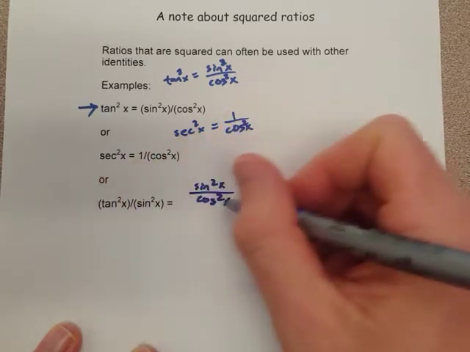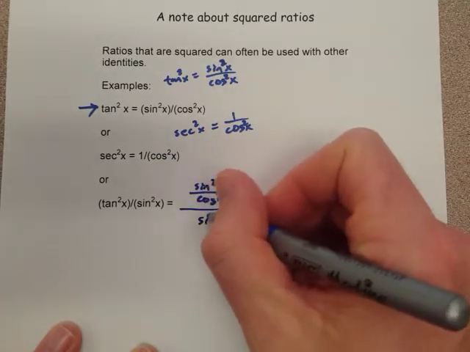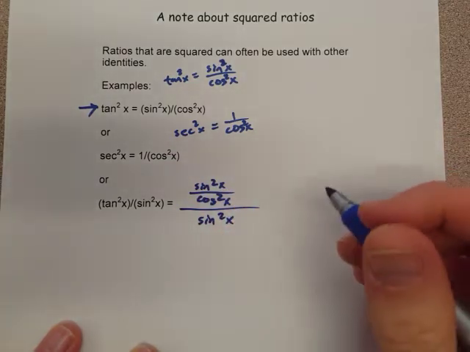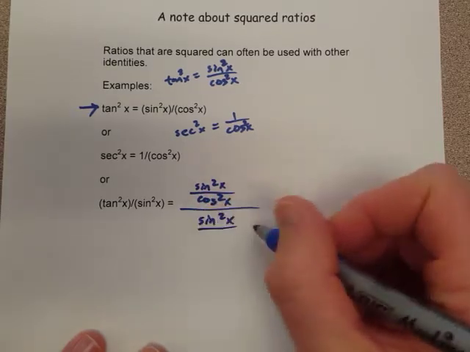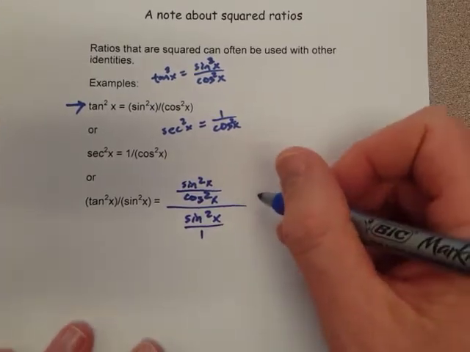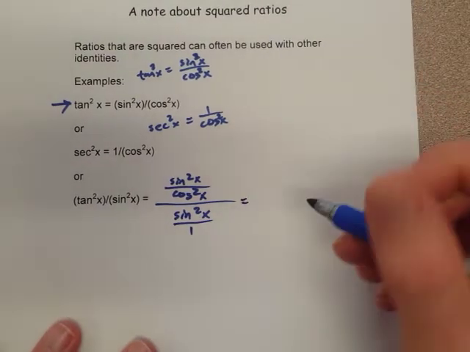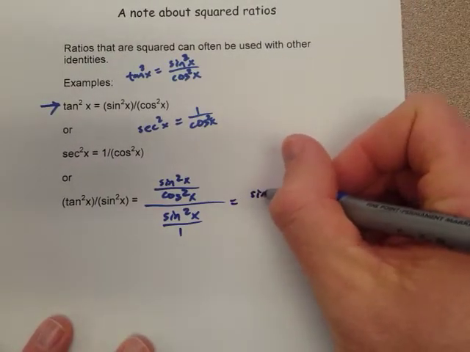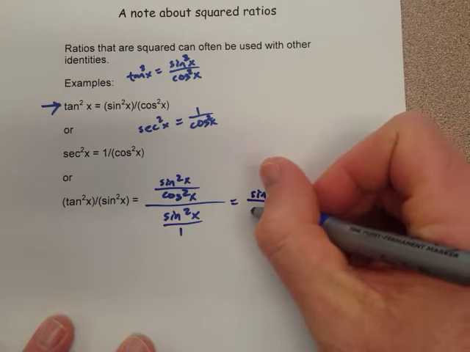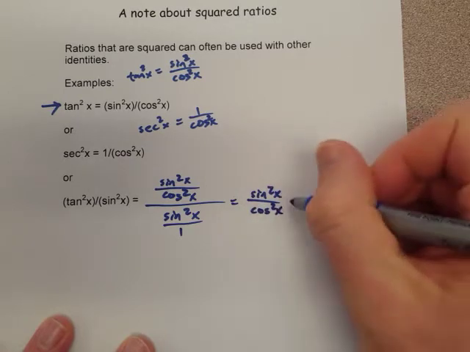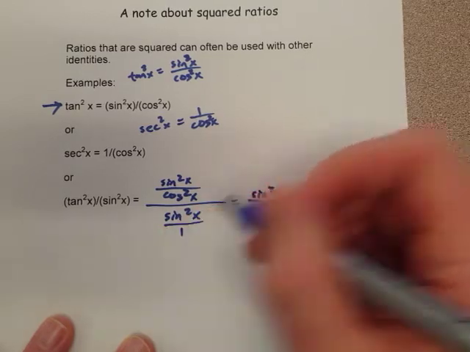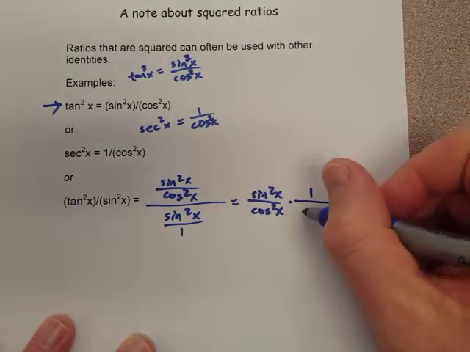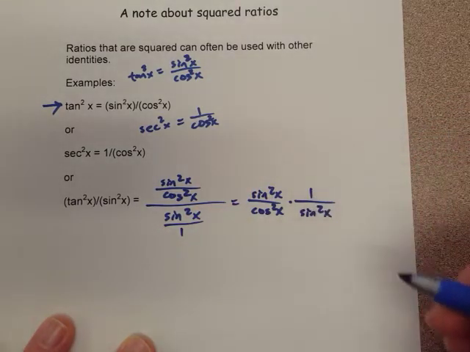Okay, so that's the tangent squared part. Sine squared is on the bottom here, and remember that when I divide by something, it's the same thing as multiplying by its reciprocal. So now I can say sine squared over cosine squared, that's the top, multiplied by the reciprocal of this one, 1 over sine squared.